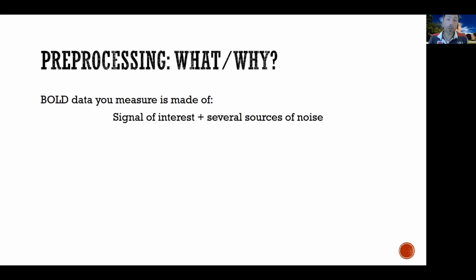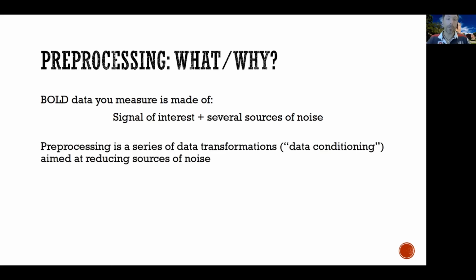On the other hand, on top of that, there are a lot of sources of noise, which we'll discuss shortly, that kind of superimpose on that. So the aim of preprocessing is a series of data transformations, also sometimes called data conditioning, aimed at reducing these sources of noise. Essentially, we're trying to reduce as much as possible this side of it so that we can make the signal of interest as clear as possible.